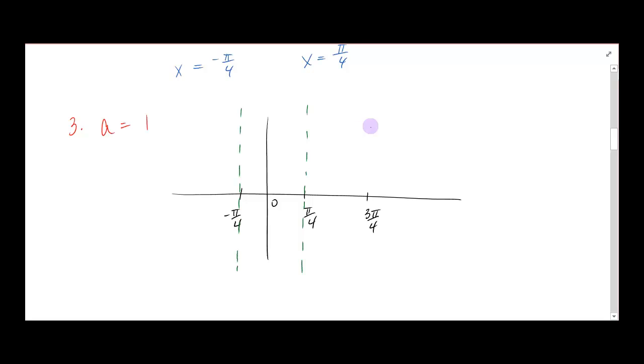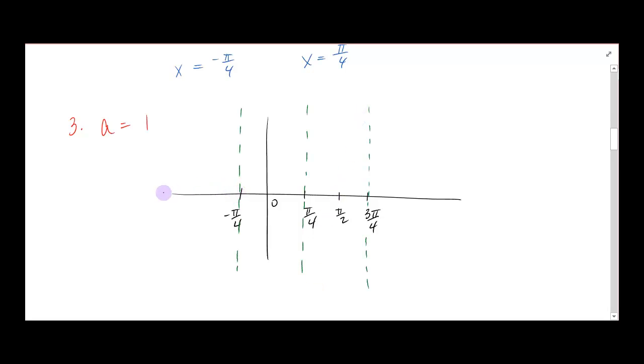And I know I'm going to have one more set of asymptotes occurring there. Halfway between 1/4 and 3/4 is pi over 2.